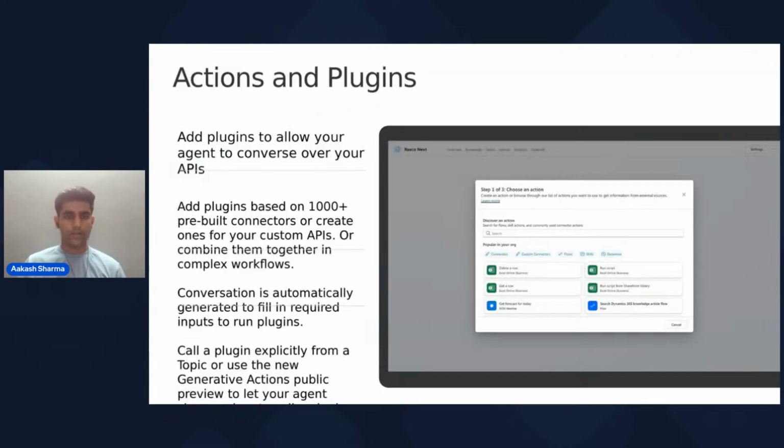You can create multiple actions and plugins. Plugins are basically your predefined tasks, or pre-built connections. You can combine multiple APIs to create a singular platform, a singular application that can help you in your task.